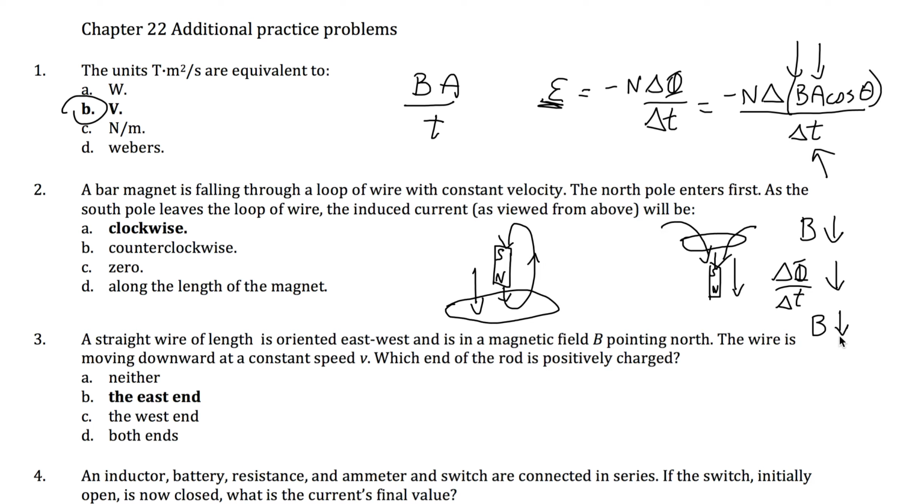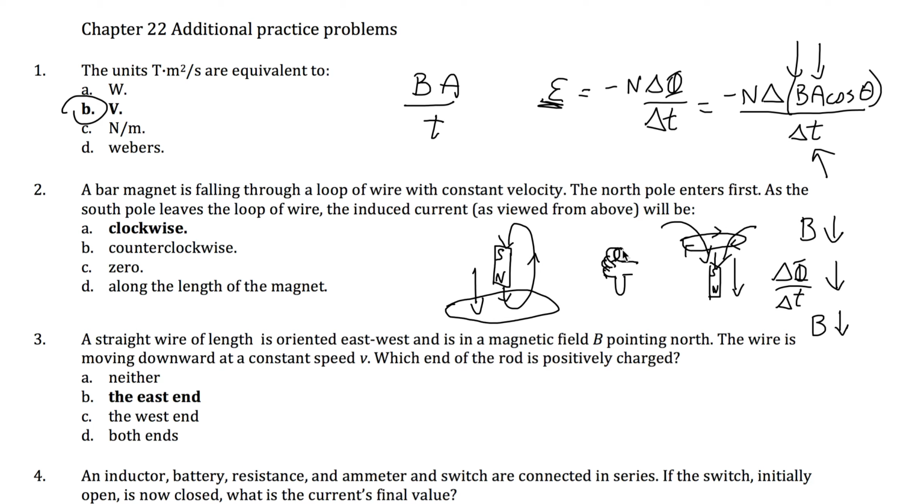If you're looking at this loop from above, your eye is over here, and you imagine a clockwise current going in this loop, then use the right hand rule. Your fingers are curling. It's hard to draw this, but your fingers are curling like this, and your thumb is down.